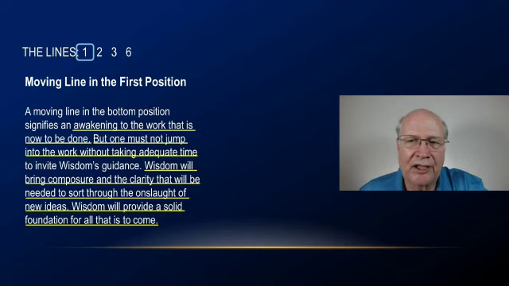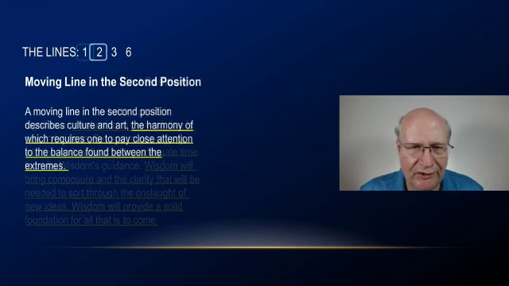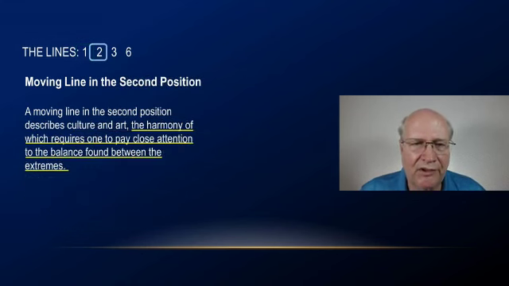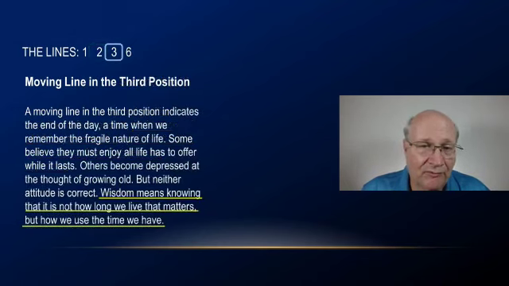But whatever lines you have, you're going to read those sections, go through a similar process, note what jumps out at you, what is this telling you, where's your part in this, what wisdom are you gaining from hearing this. So you may have one line, you may have two lines, you may have four like mine, you may have no lines, you may have 6 lines. Any of those are possible. Of course, you can't have more than 6 moving lines because that's the number of lines that we have in the hexagram.